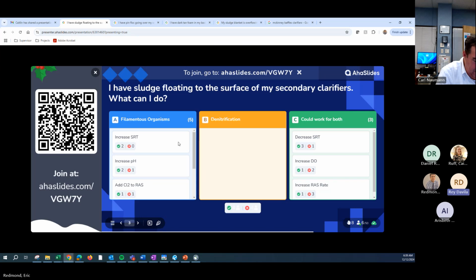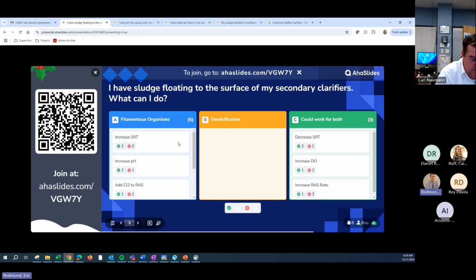Or it can also be denitrification. Or it can be the growth of filamentous bacteria from the lack of DO and BOD in the system, the balance. Yeah, like there's different types of filaments. It makes filaments tough because they can grow under different conditions.